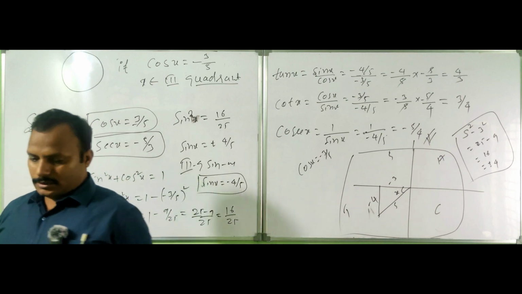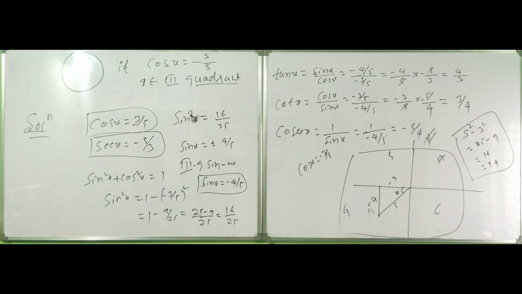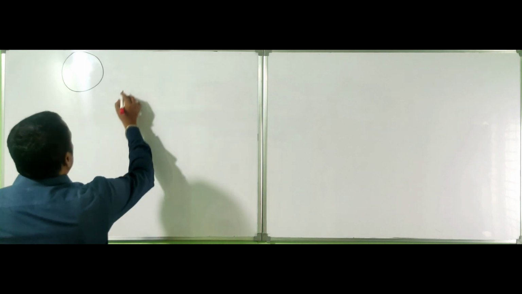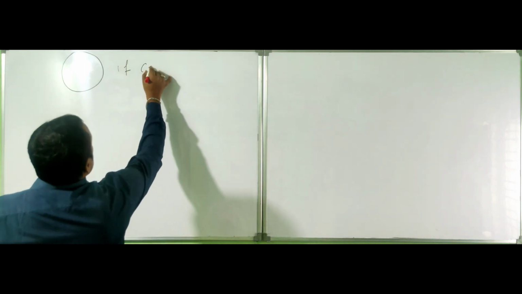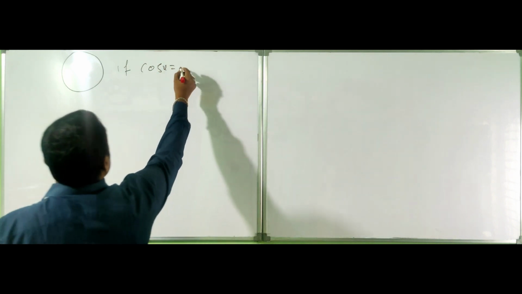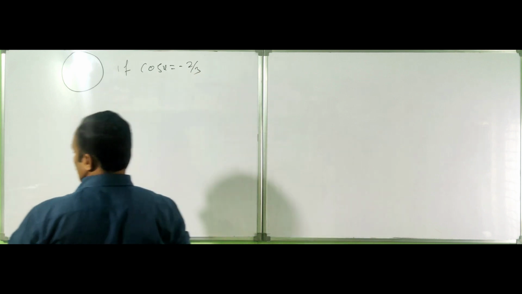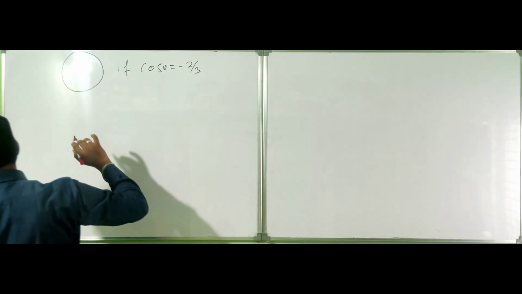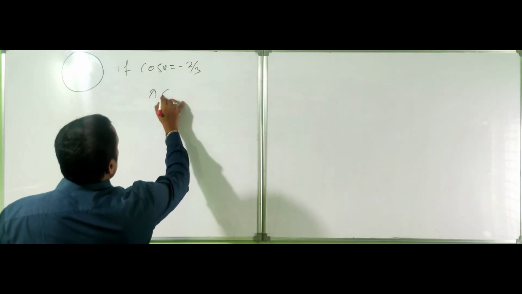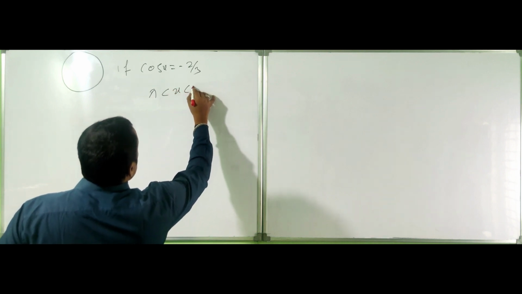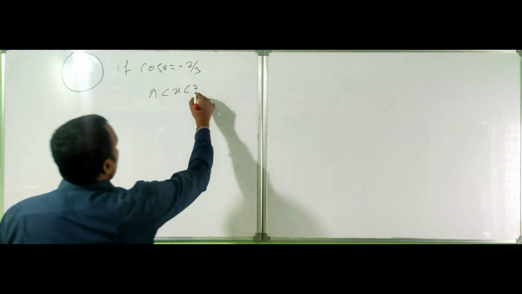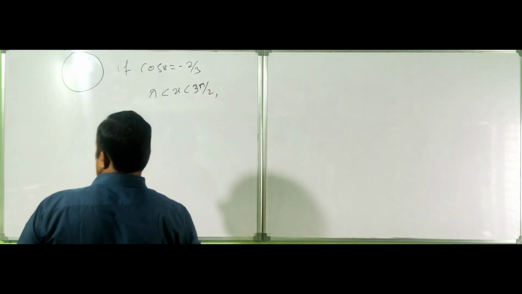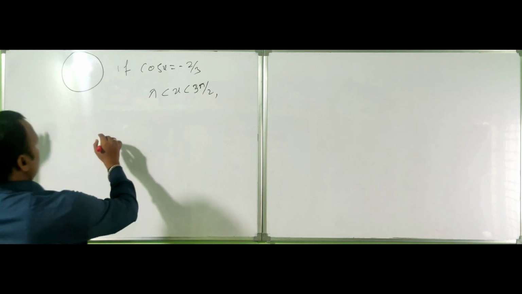Next question is, okay students, next question is, if cos x is equal to minus 2 by 3, and the range of x is given: pi is less than x is less than 3 pi by 2.